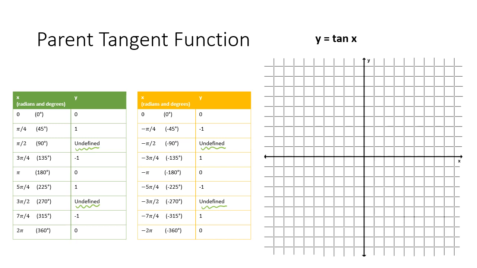So if we plot that, maybe I'll put my point for now, 0, 0, and then pi over 4, 1. I guess I should have my scale here. We'll go over 4 for pi, over 4 for another 2 pi, so on and so forth.